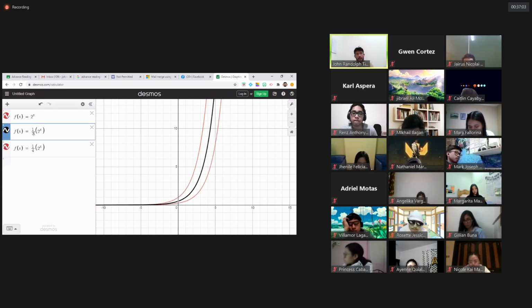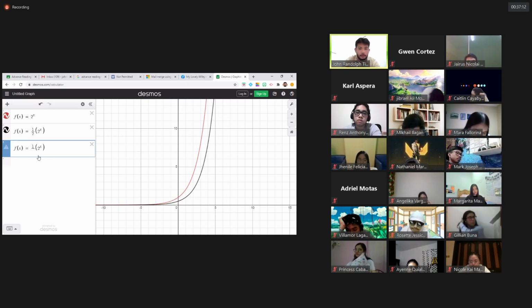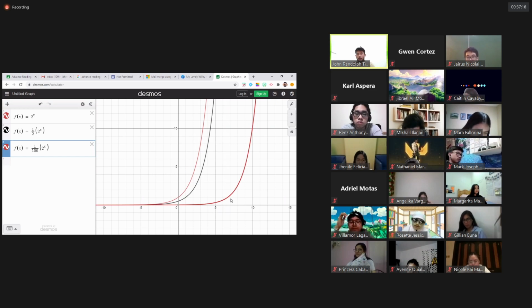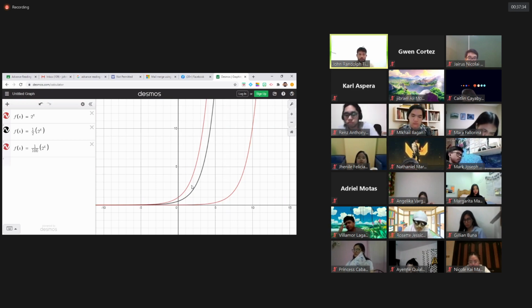Now, since 1/2 yung value natin dito, then it shrinks. Then ito naman is 1/4 times 2 to the power of x. Therefore, kung 1/100, it will shrink closer and closer to your x-axis. So, magdedepende yan sa value natin dito. Kanina, vertically stretched upward. Ito naman ngayon, vertically stretched downwards.